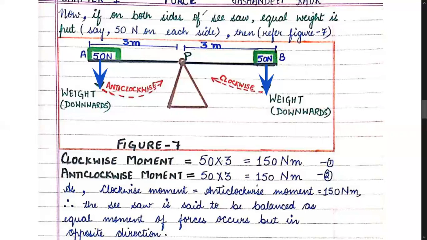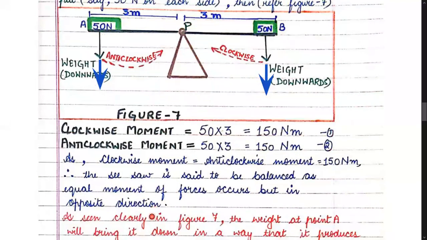Next step is to move the force to see the rotational effect. The force at point A will give an anti-clockwise effect, and the force at B will give a clockwise effect.